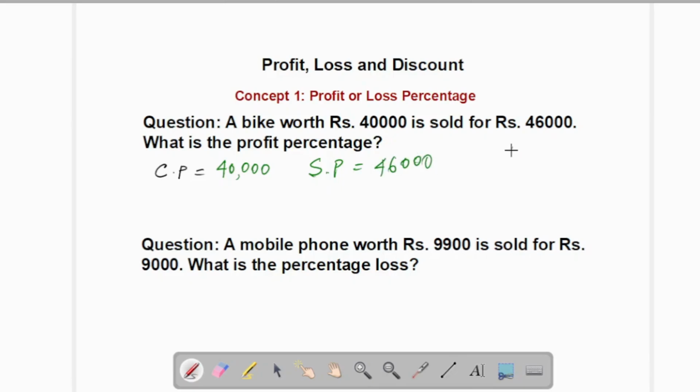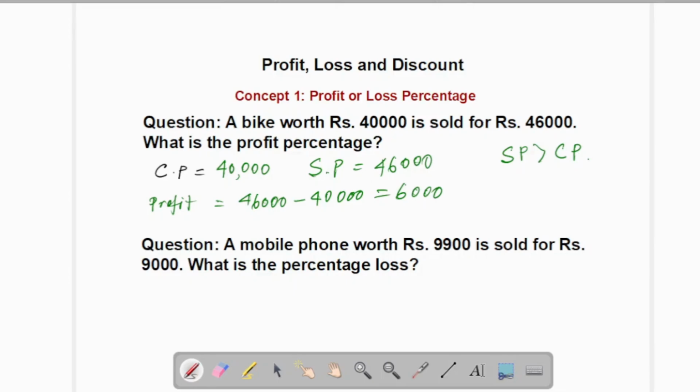Since the selling price is more than the cost price, definitely the seller is making a profit. So what is the profit? The profit amount is equal to 46,000 minus 40,000, which is 6,000.